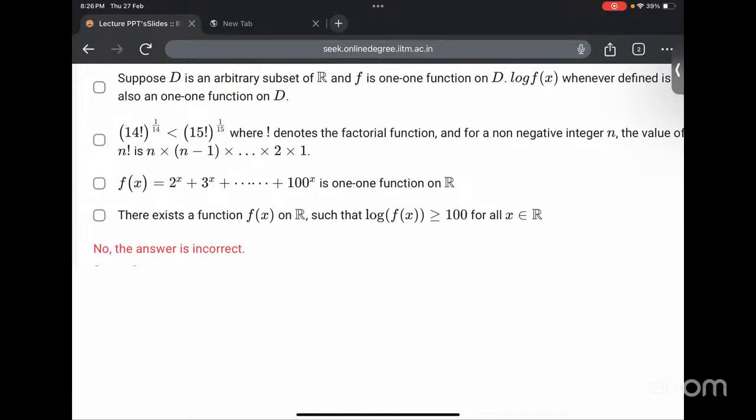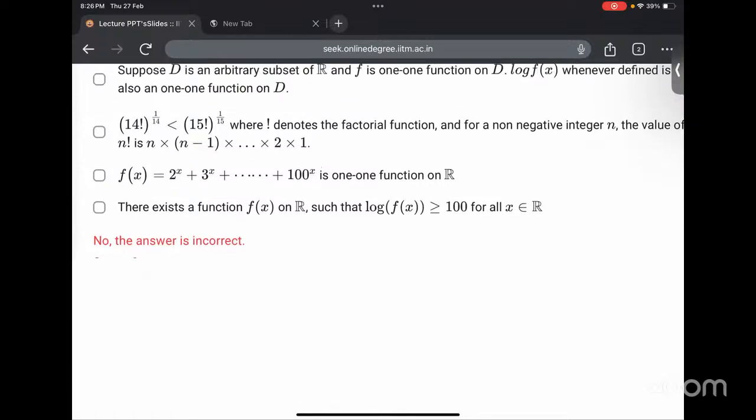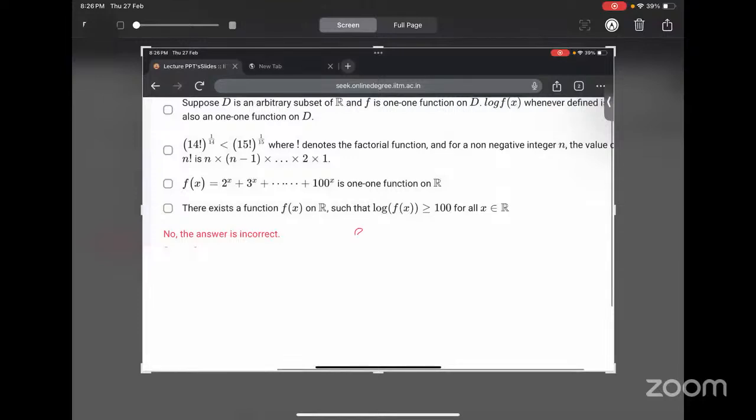Logarithmic function, we know that if x is tending to infinity, then log x is tending to infinity, right? That means we can take a value of fx such that log x is greater or equals to 100, right? If I take fx equals to some constant c such that log of c is greater or equals to 100. So we can take this constant function c, right?